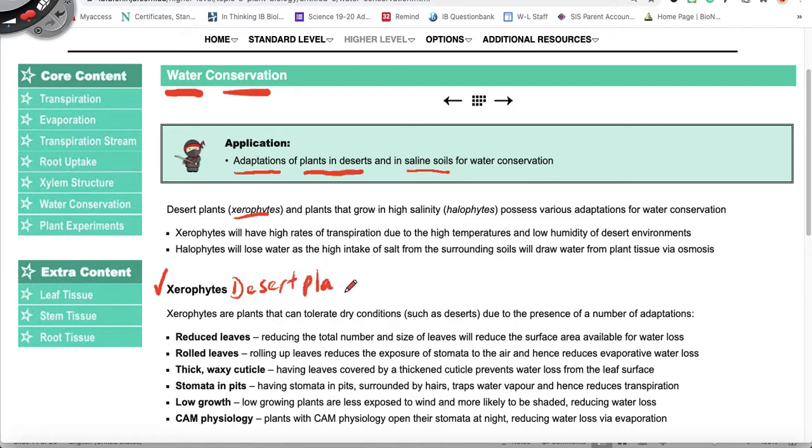So when we think of a xerophyte and a desert plant, we think of a cactus, of course. But keep in mind that there are other examples of xerophytes. For example, pineapple is also a xerophyte because they live in high altitudes, and it's hard for them to find water, or they might live in areas where there are droughts.